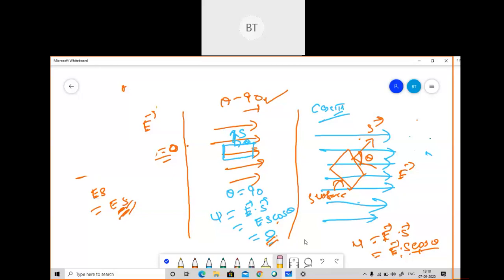I think everybody is clear with the term. How do we define electric flux? Basically, electric flux is the electric field lines passing through any surface. We have put an electric field here, and in that electric field we have put one surface, and based on that surface we have calculated the flux. I think everybody is clear with this.